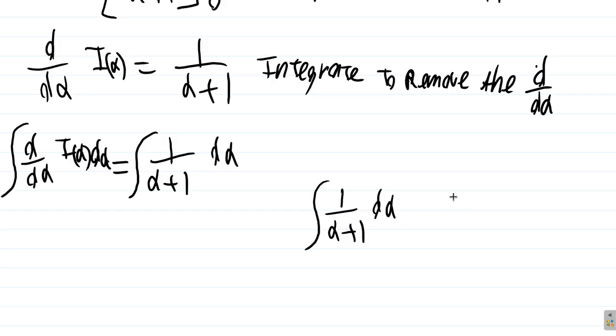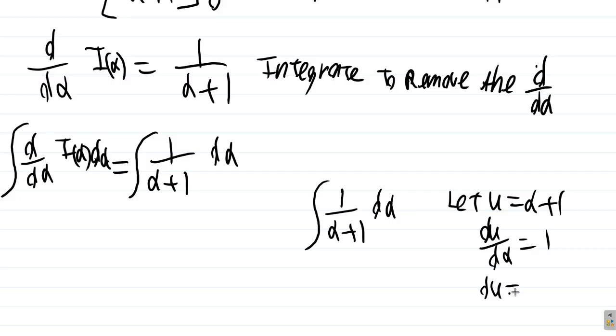Now, let u be equal to alpha plus 1. Now, we're doing integration by substitution. du by d alpha is equal to 1. So when you multiply both sides by d alpha, du is equal to 1 times d alpha.